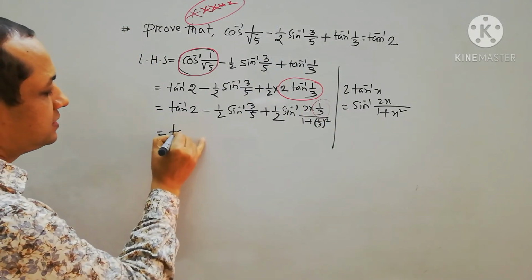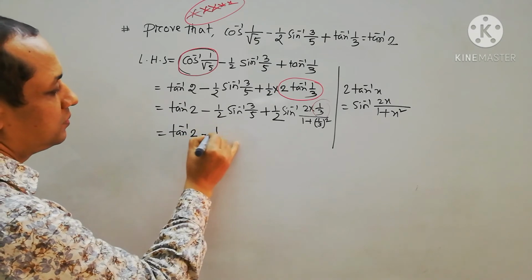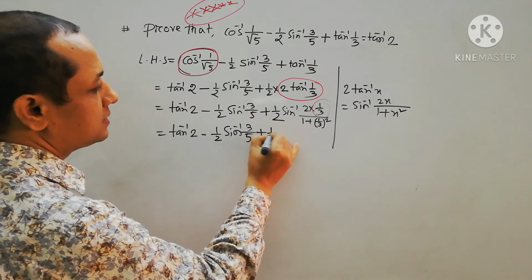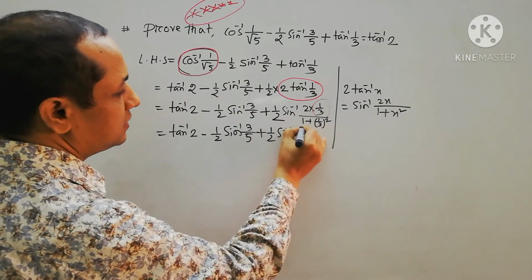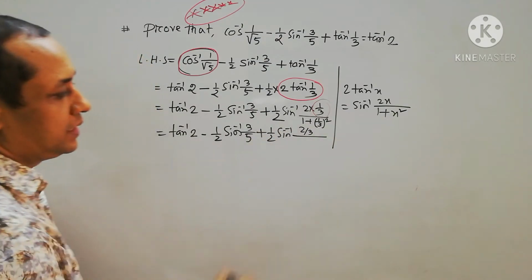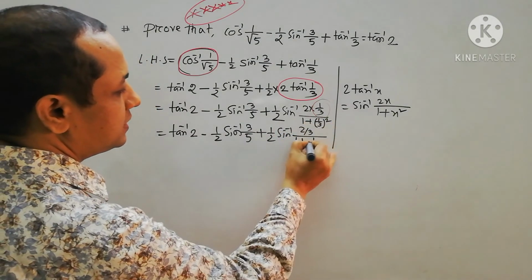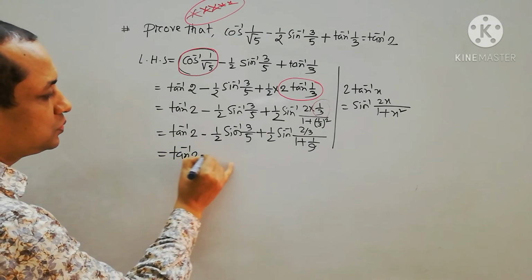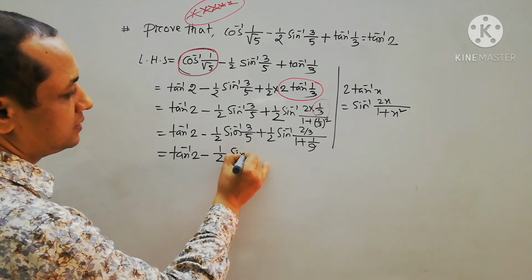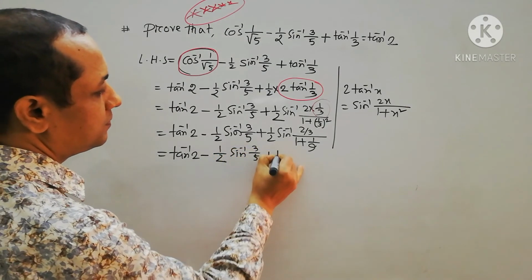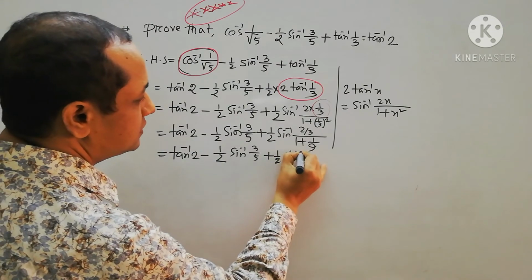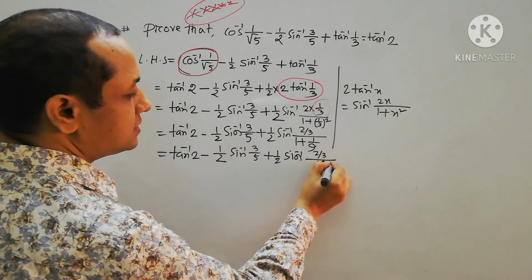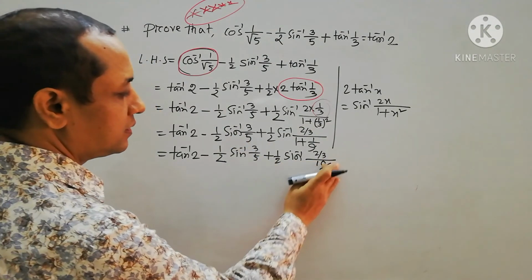Then we get tan inverse 2 minus half sin inverse 3 by 5 plus half sin inverse, the numerator will be 2 by 3 and denominator 1 plus 1 by 9.